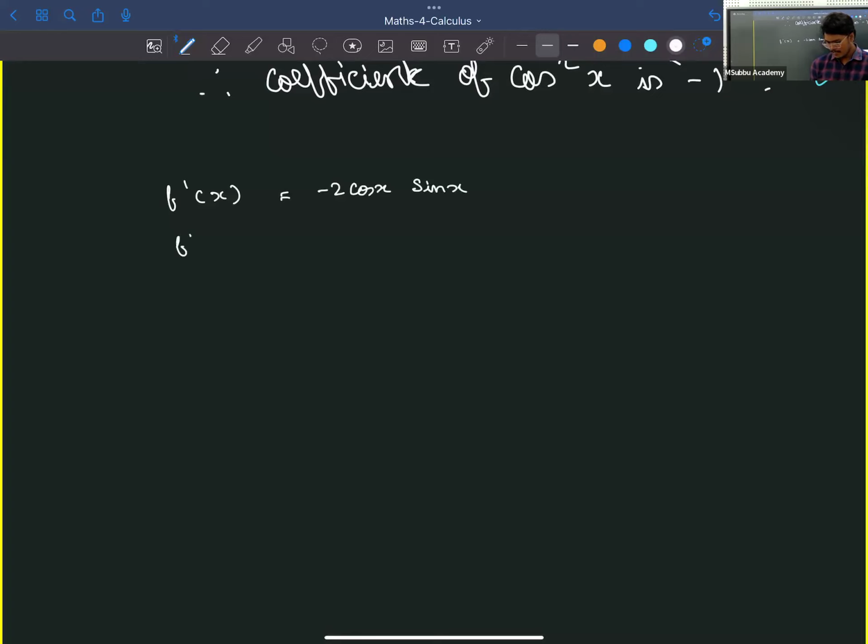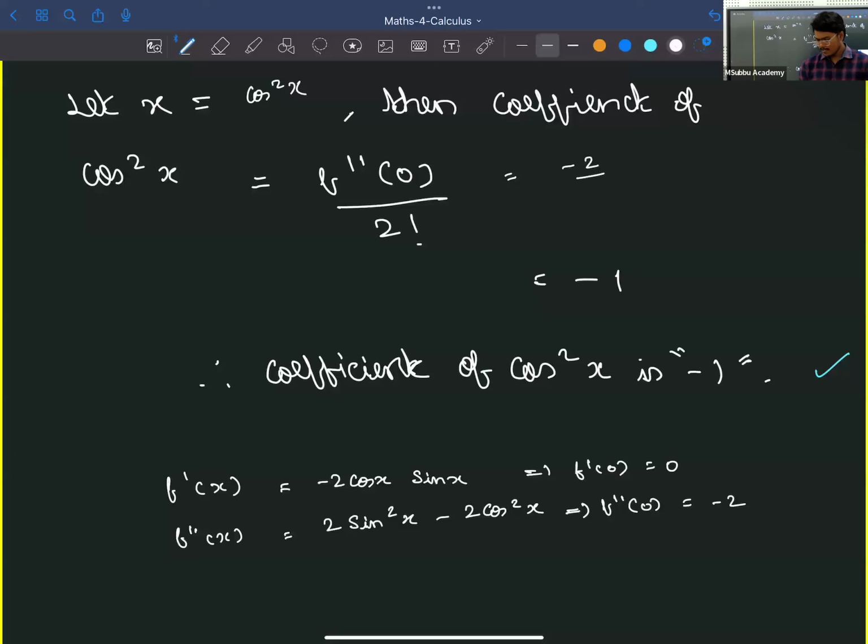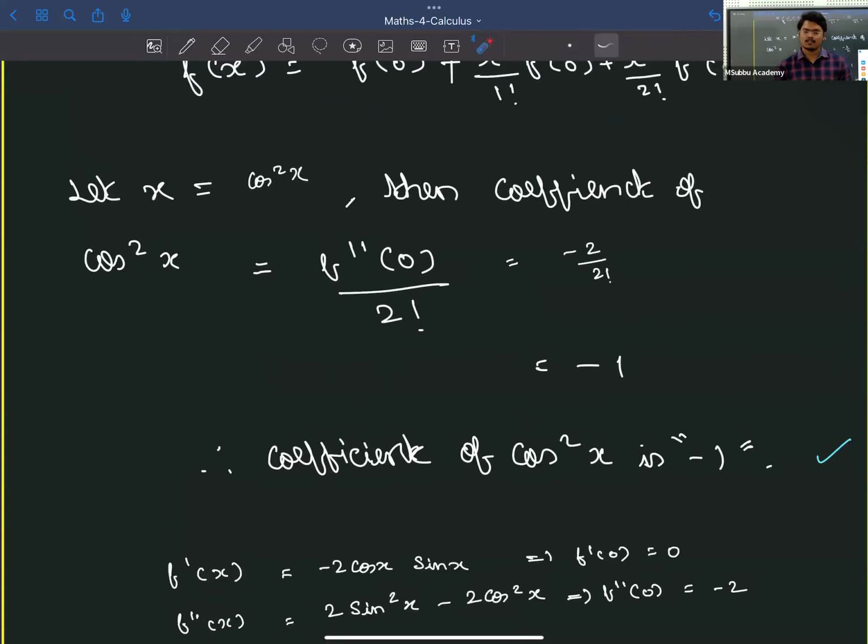Okay, then again its double derivative will be 2 sin square x minus 2 cos square x. So from this f dash of 0 will again be 0. F double dash of 0 is minus 2. So from this, minus 2 by 2 factorial. So we get 1, I'll just solve for it. So this is the answer.